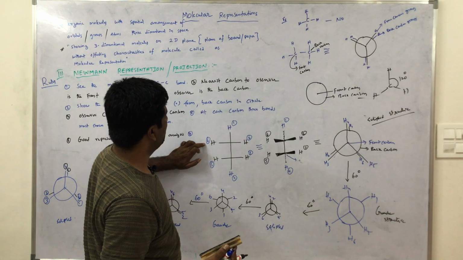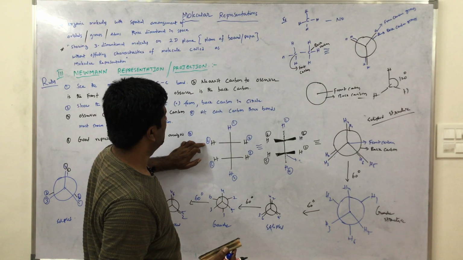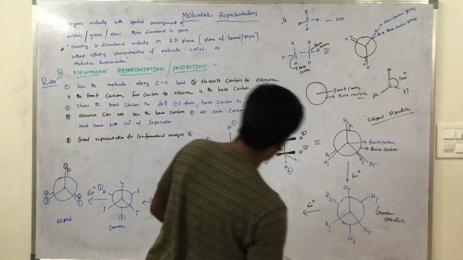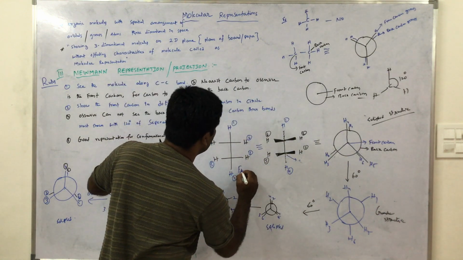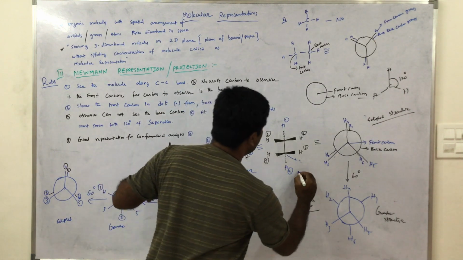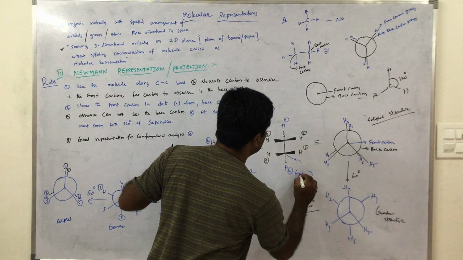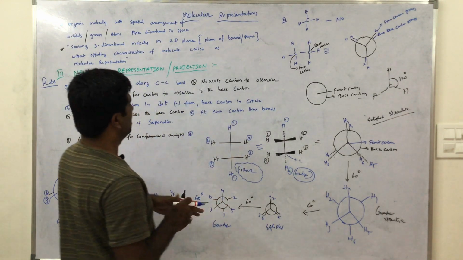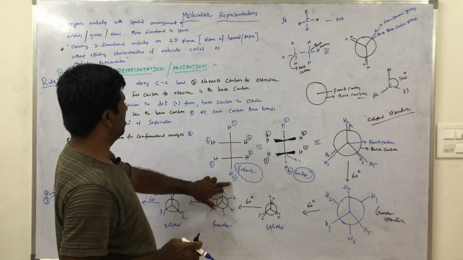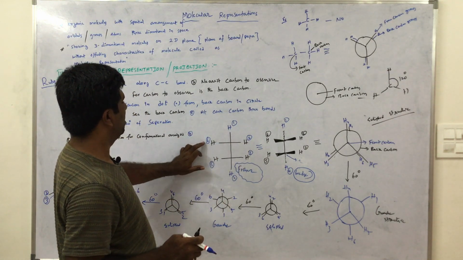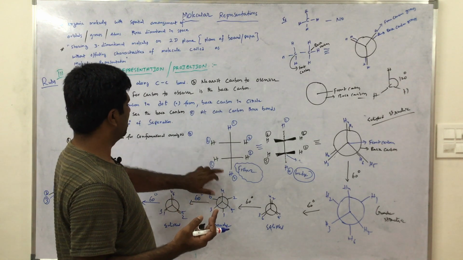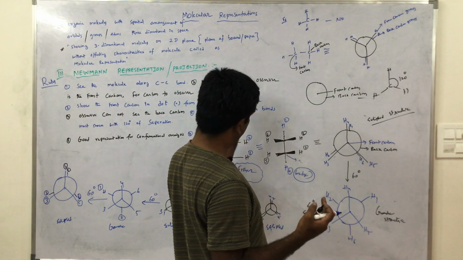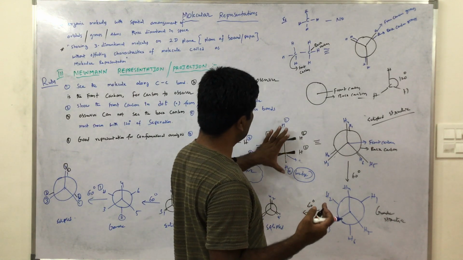For example, this is the Fischer formula, and this is the wedge representation. In the Fischer representation, these two are near to the observer and these four are far from the observer. In the wedge representation, these four are different and these two are different.